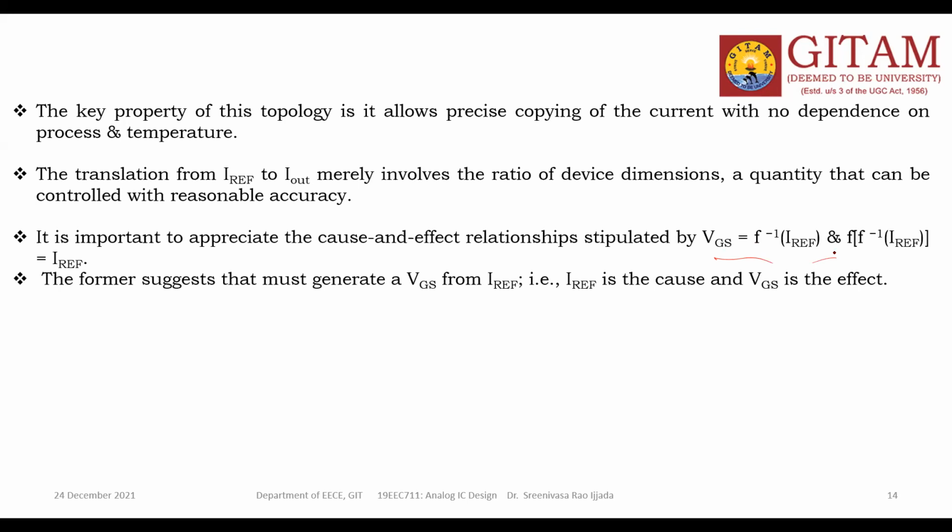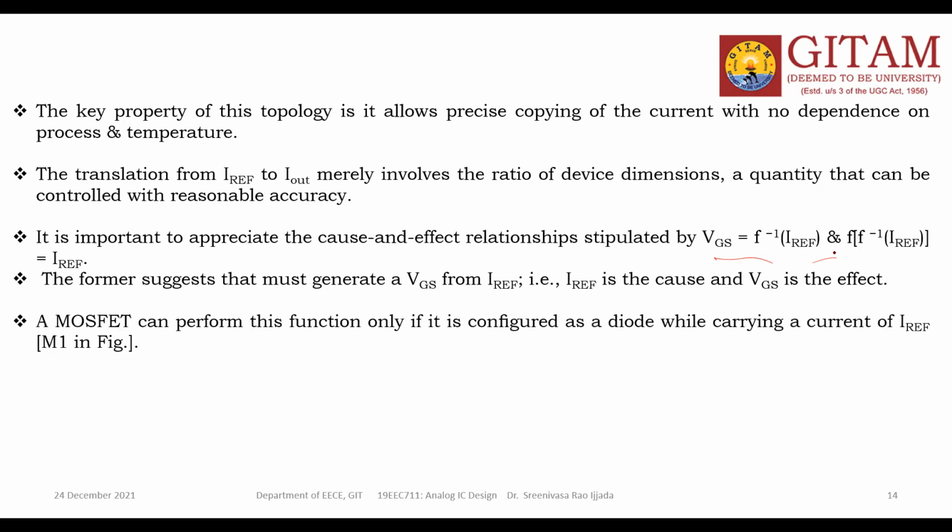We must generate VGS from I reference, where I reference is the cause and VGS is the effect. Because of I reference, VGS takes this value. Whatever is inside the bracket is called the cause, and outside the bracket is called the effect.